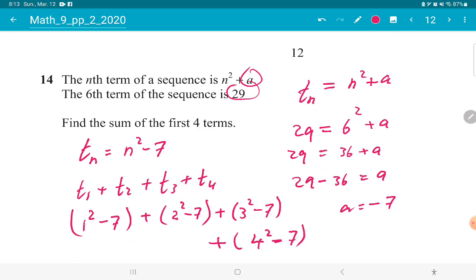You need to simplify. 1 squared is 1, minus 7, that's minus 6, plus 2 squared is 4, 4 minus 7 is minus 3. 9 minus 7 is positive 2. 16 minus 7 is 9. Put these numbers together and get your answer.